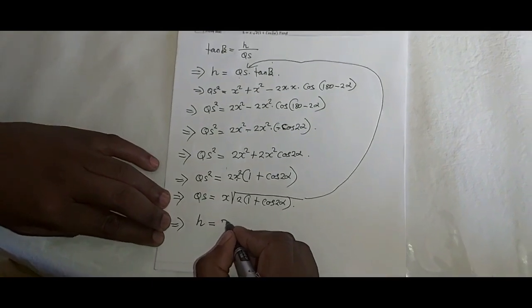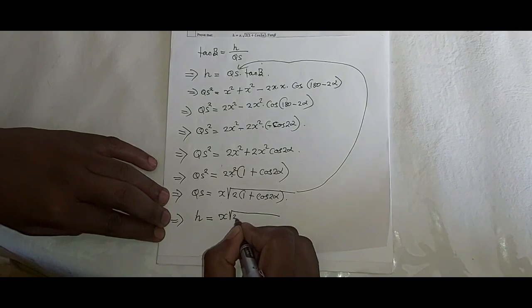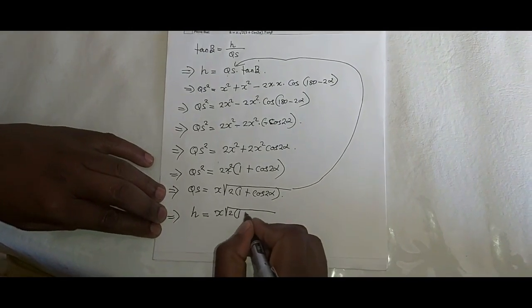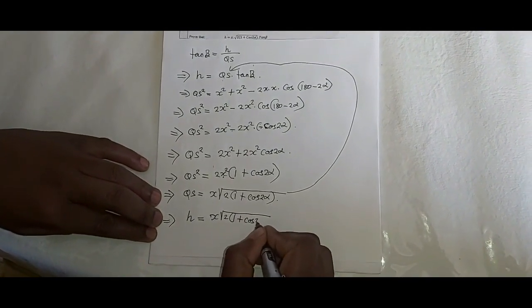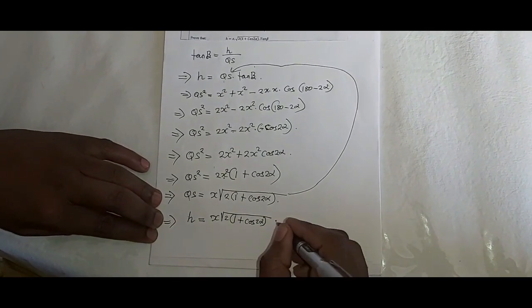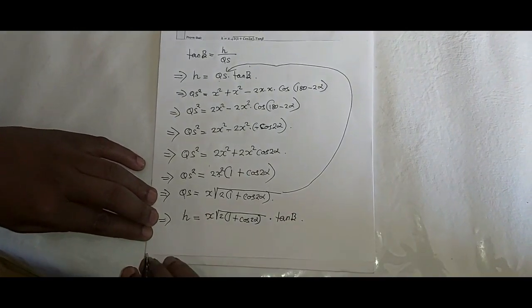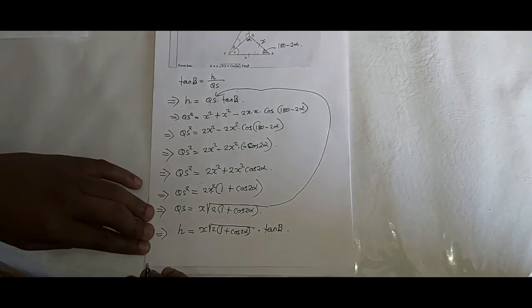That is, it will be X into the square root of 2 open bracket 1 plus cos of 2 alpha close bracket multiplied by tan of beta. That's how we come up to prove that one.